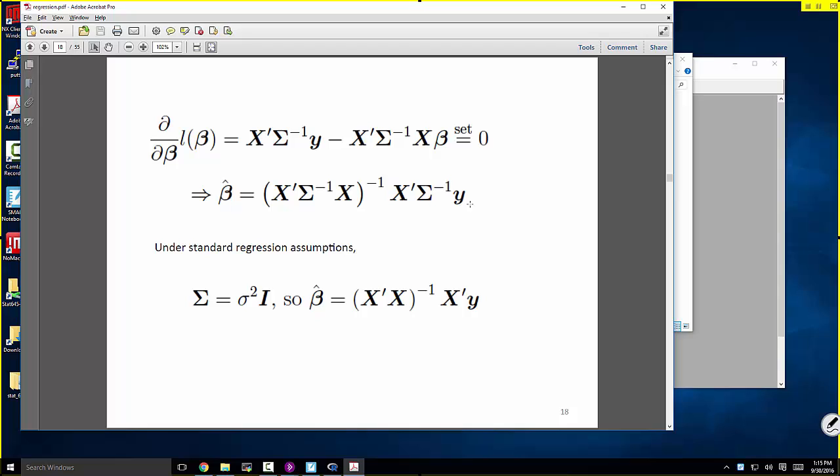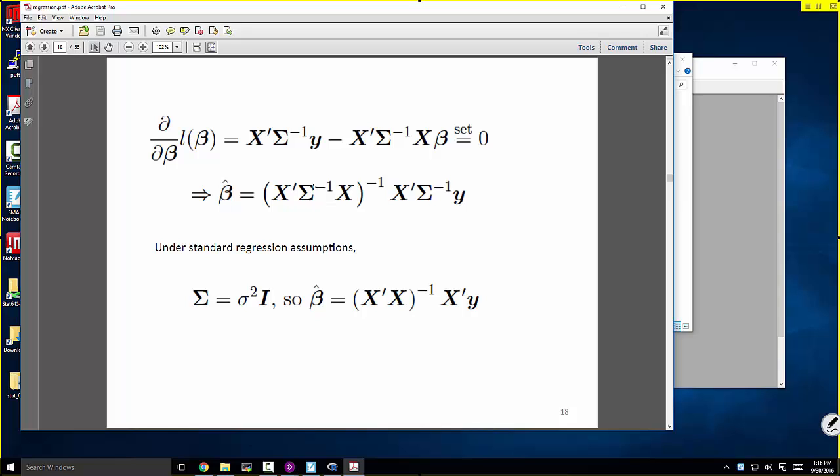Under the IID assumptions, capital Sigma is that little sigma squared times the identity. In which case this piece right here is 1 over little sigma squared times the inverse of the identity matrix, and the inverse of the identity matrix is the identity matrix. If you multiply any vector by an identity matrix, you just get the vector back.